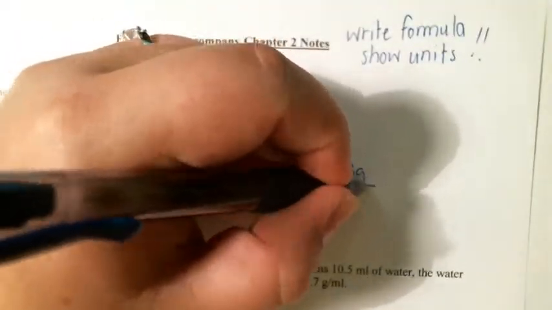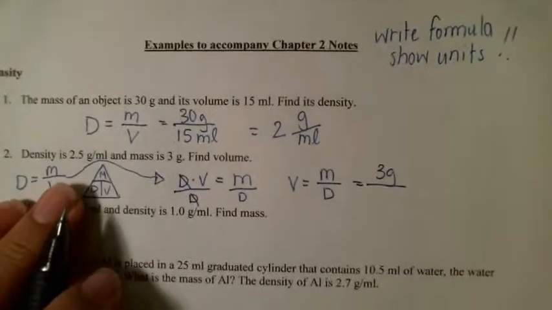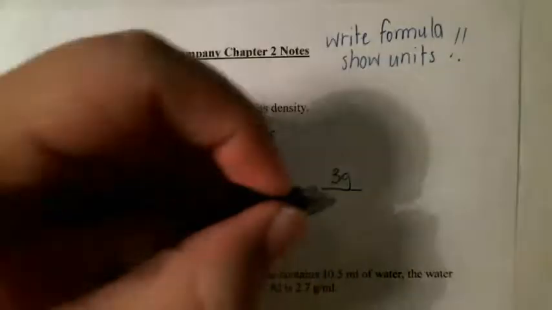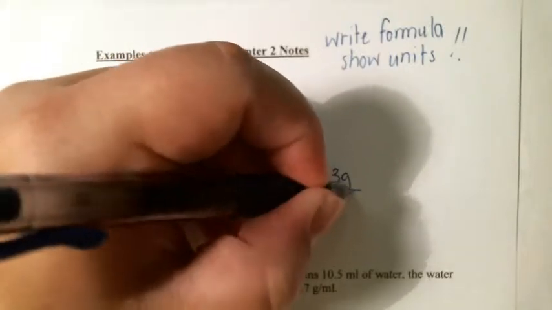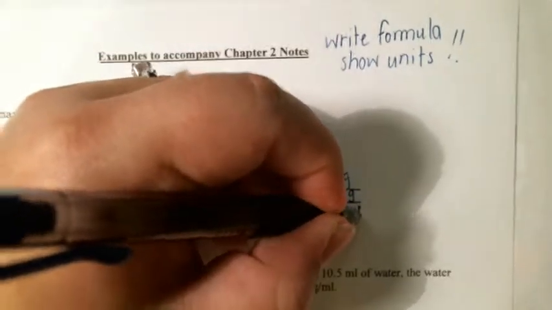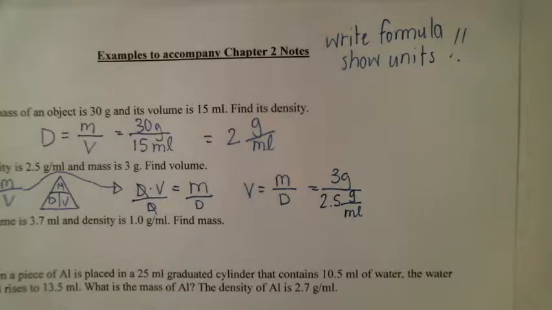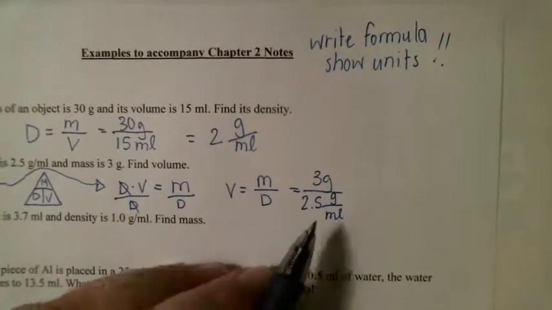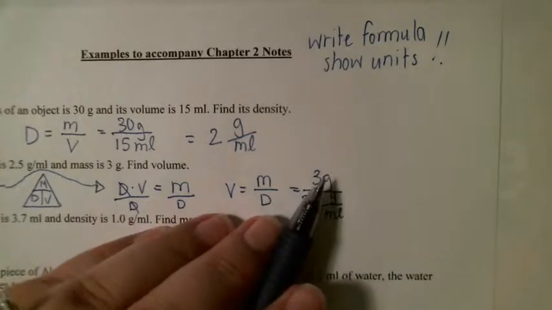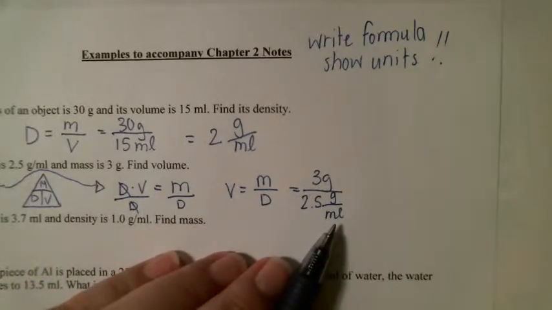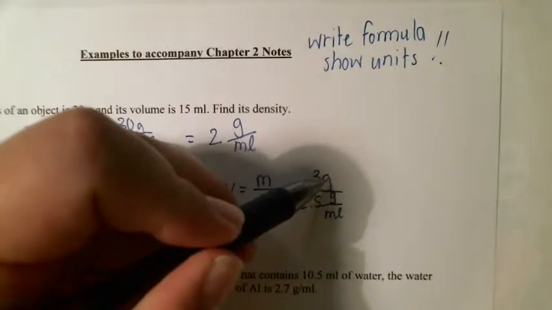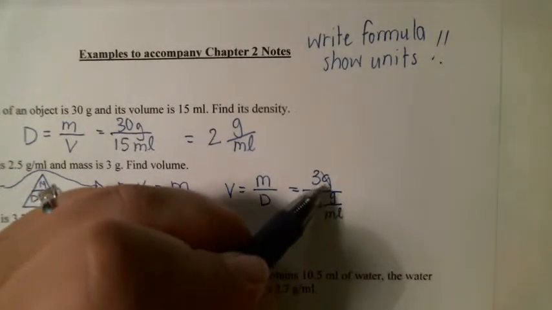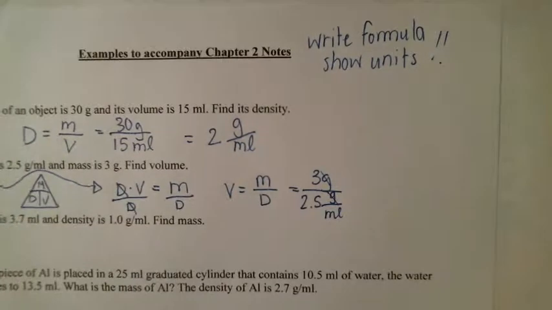Okay, so let's go ahead and plug in our values. Mass is 3 grams over 2.5 grams per milliliter. Now, when you have a situation like this with your units, whatever is in the numerator can cancel whatever is in the numerator.